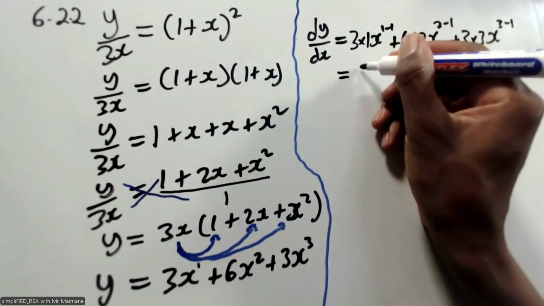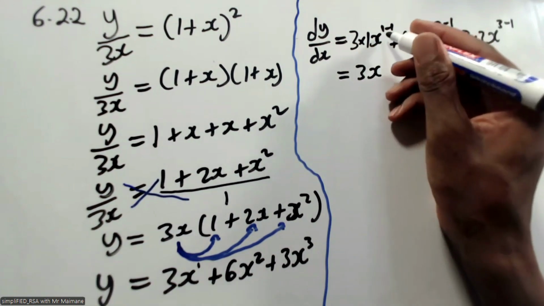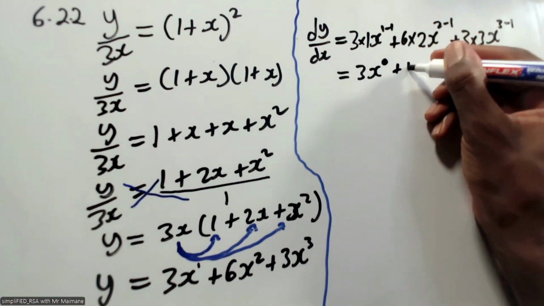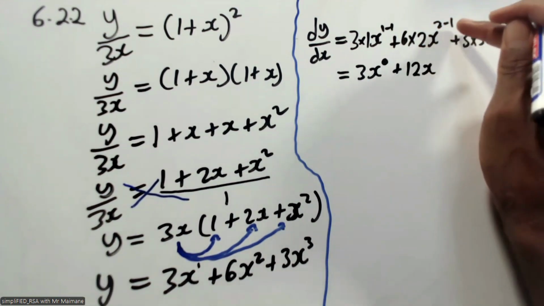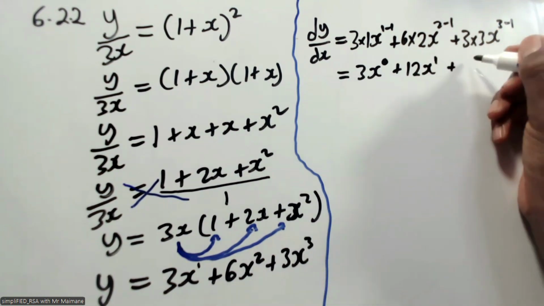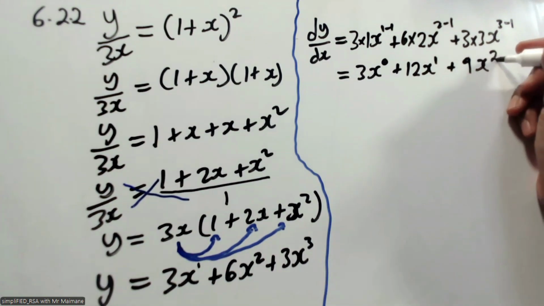Therefore, this is going to be 3 times 1 is 3, x to the 1 minus 1 is 0, plus 6 times 2 is 12, x to the 2 minus 1 is just 1, plus 3 times 3 is 9, x to the 3 minus 1 is 2.